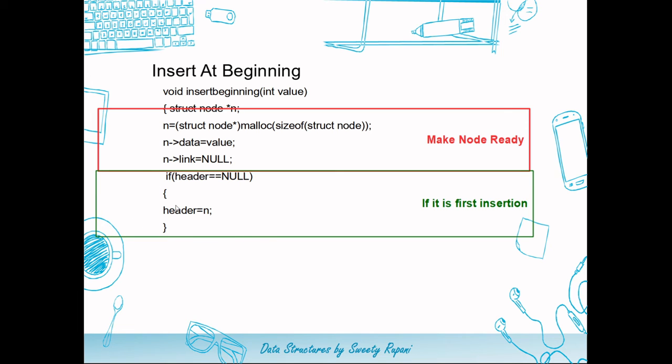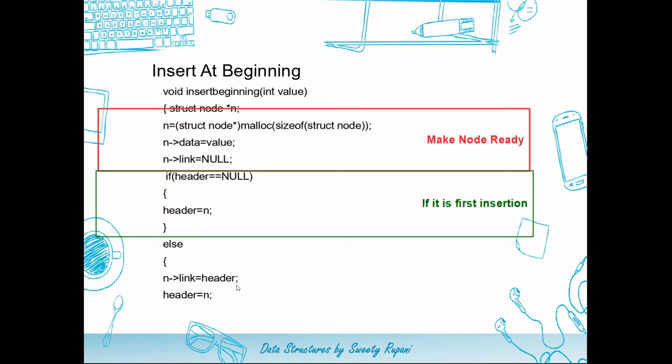For all the subsequent insertions, you insert the node at the beginning, the way we inserted node 20 in an existing list, and the else part gets executed. So what is there in the else part? Whenever you are coming with a newly created node to be attached in the beginning, you'll have to update the header. So whatever value was stored in the header, that would now be my second node.